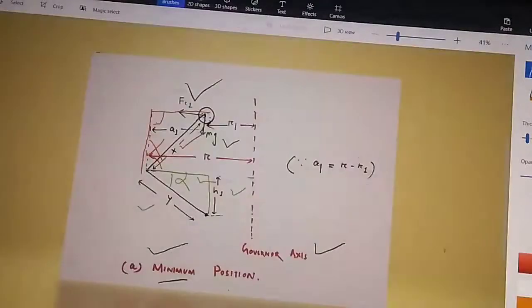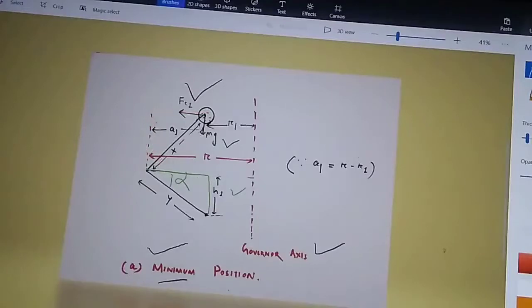You can see here, this is h1 by y. So h1 divided by y is equal to a1 divided by x. Okay, so up to this is clear.